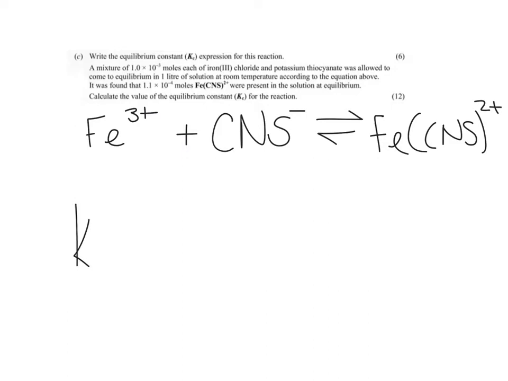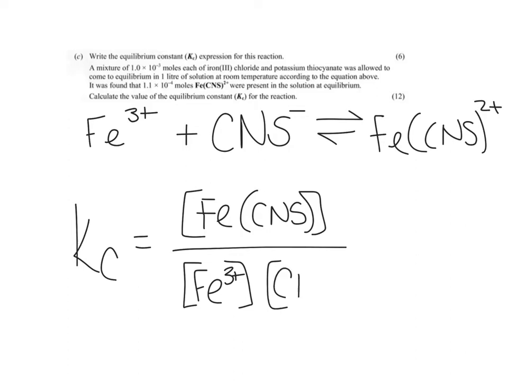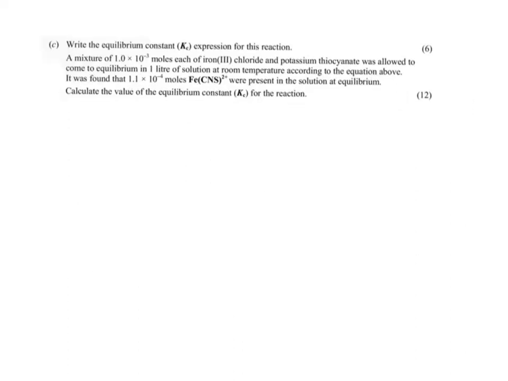Okay, so KC for the following equation, remember our products with their square brackets need to go on the top. Anions are not charges, guys, just remember that. And then we have our Fe3+ and our CNS-. So that's our equation for KC.